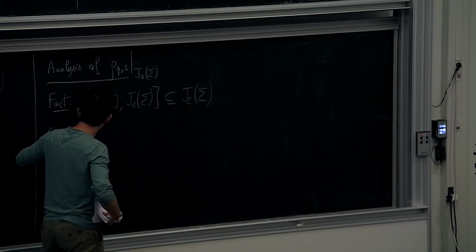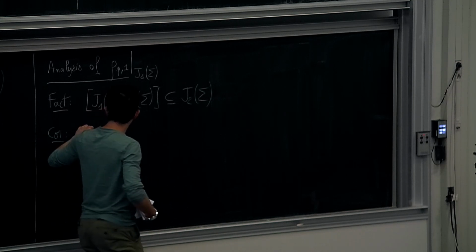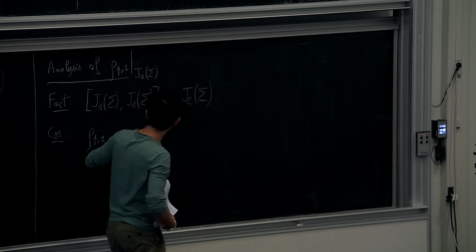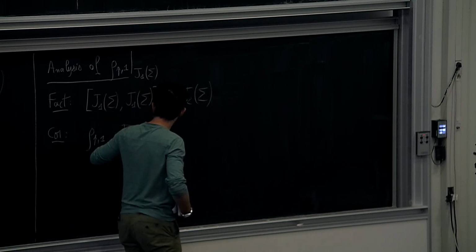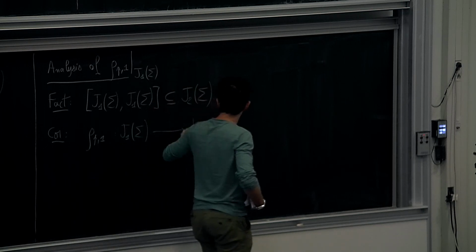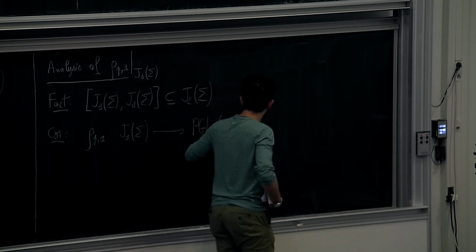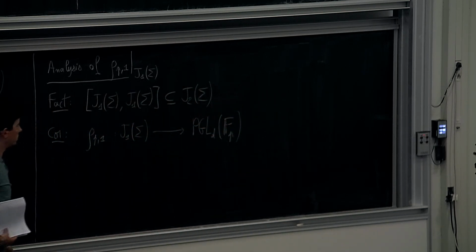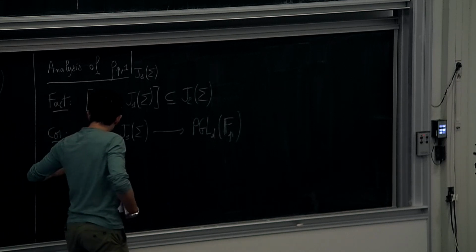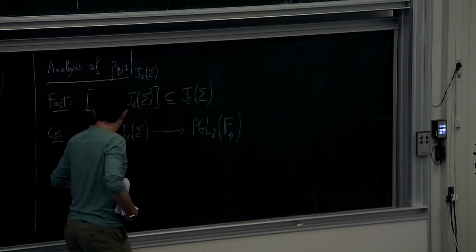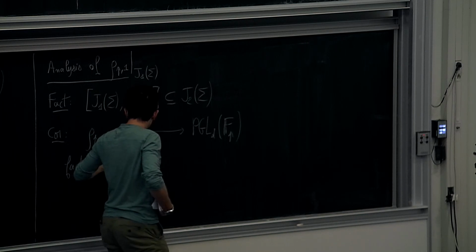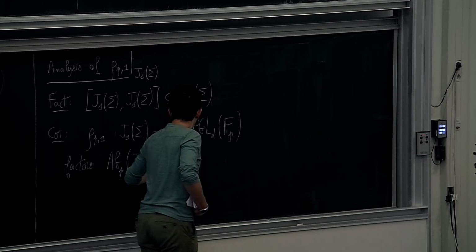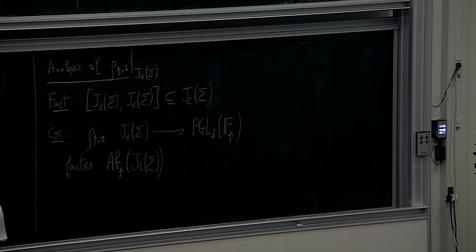A corollary of this fact is that the representation rho p1 restricted to J1 of sigma, to PGL_2 of F_p, where I write F_p because Z[zeta_p] mod h is F_p, factors through the mod p abelianization of the Torelli group.